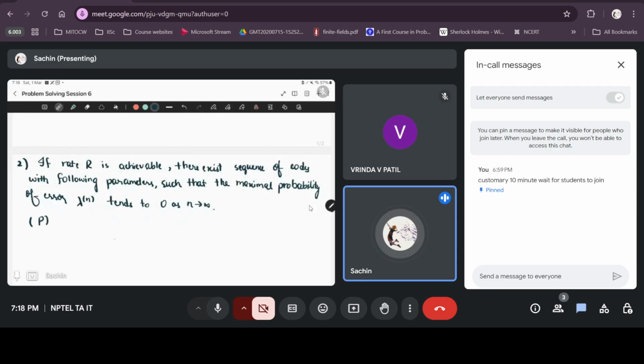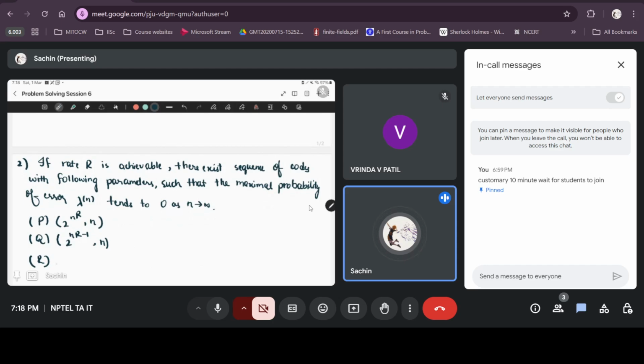So for P, the code has 2 power nR code words and code word length n. The code Q has 2 power nR minus 1 code words and length n.